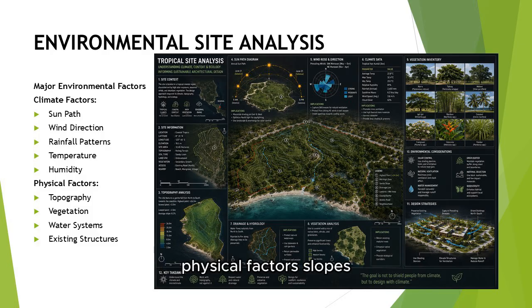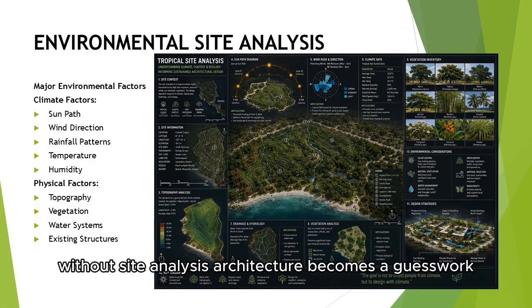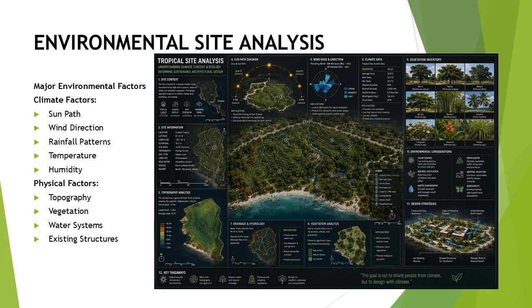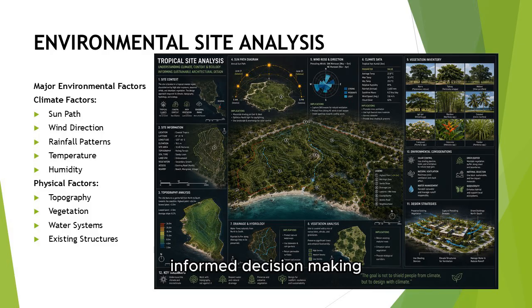Physical factors: slopes, vegetation, water systems, and existing development. Site analysis transforms assumptions into evidence. Without site analysis, architecture becomes guesswork. With site analysis, architecture becomes environmentally informed decision making.